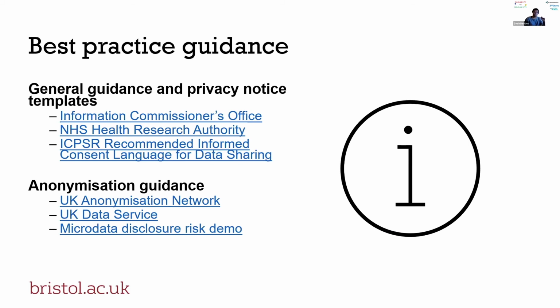And it's quite disturbing. I think they figured out that only 15 attributes were needed to identify 99% of participants in this survey. What the website allows you to do is choose which particular attributes you use and see how that affects the disclosure risk. And it's quite eye-opening. I definitely recommend having a play with that.